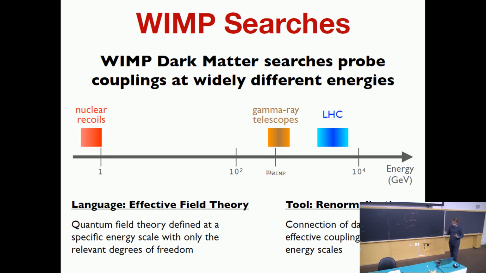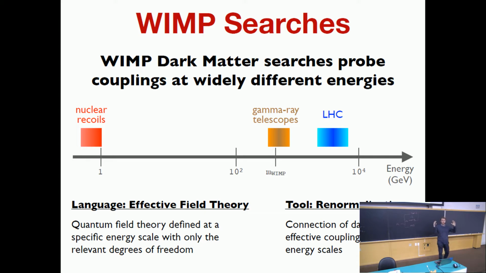So the theory tools we wanted to develop, and that we actually developed, can be summarized in these two items. The first one is the language we used. We use the language of effective field theory, which are just established quantum field theory techniques to describe a physical system at a given energy scale by only specifying the relevant degrees of freedom.